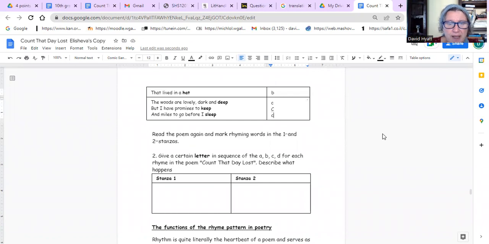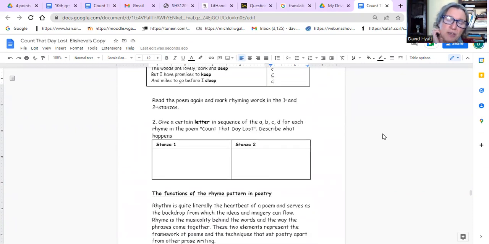Read the poem again and mark rhyming words in the first and second stanzas. We did that in class, but this time make sure that you switch the letters. Even though the pattern is the same, the rhymes are not the same in the second stanza, so you need to continue with E, F, I don't remember, okay?